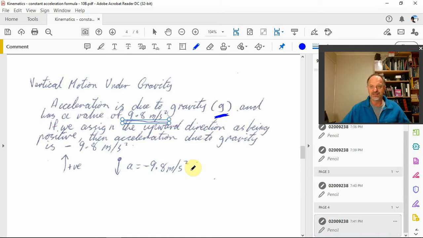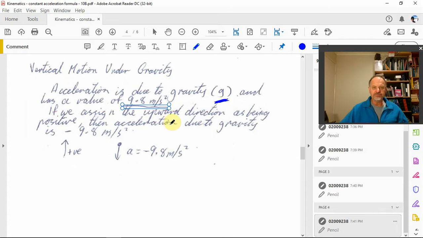Unless they tell you they want the answer in a certain number of decimal places, in which case you use the value of 9.8. If they don't tell you to do that, use g. And the first question on the 2020 exam one was exactly that. You had to use g and not 9.8.